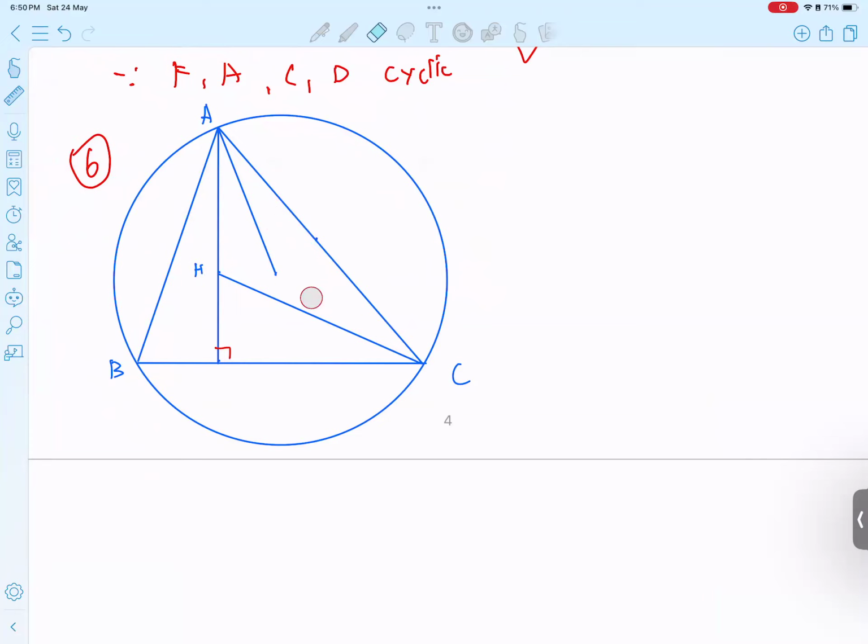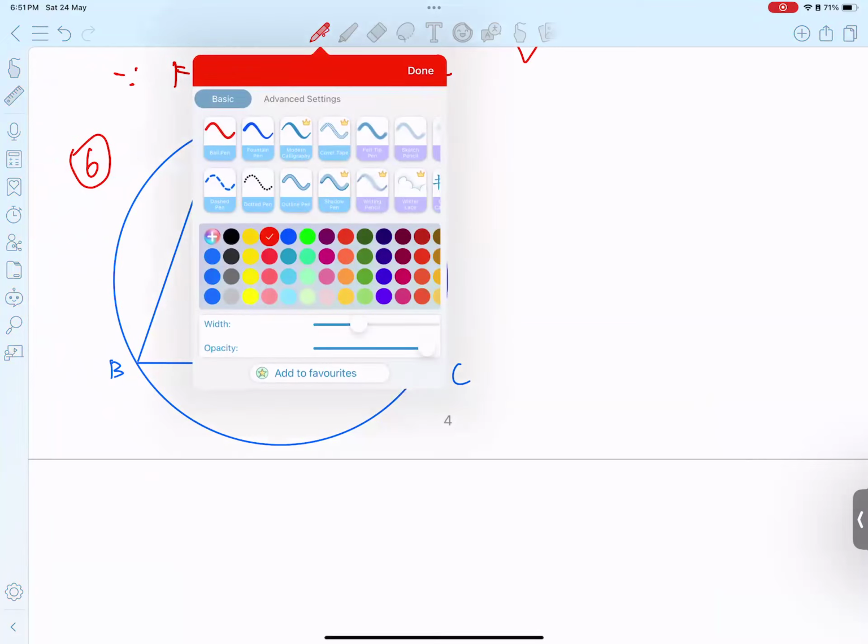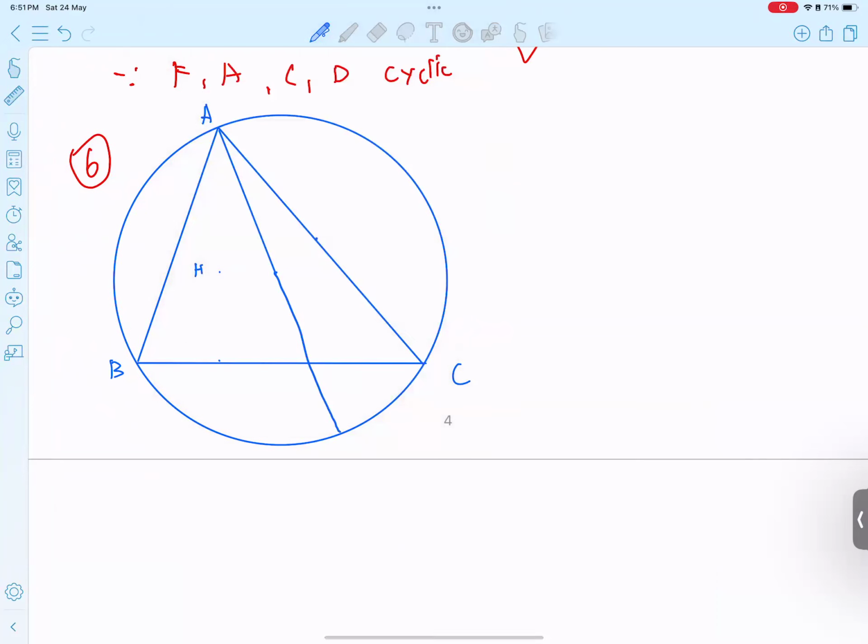So we erase all these. So we extend AO to a point A dash. So A dash would be called the antipode of A with respect to the circumcircle. So this would be O, and we're asked to prove BHCA dash is a parallelogram.